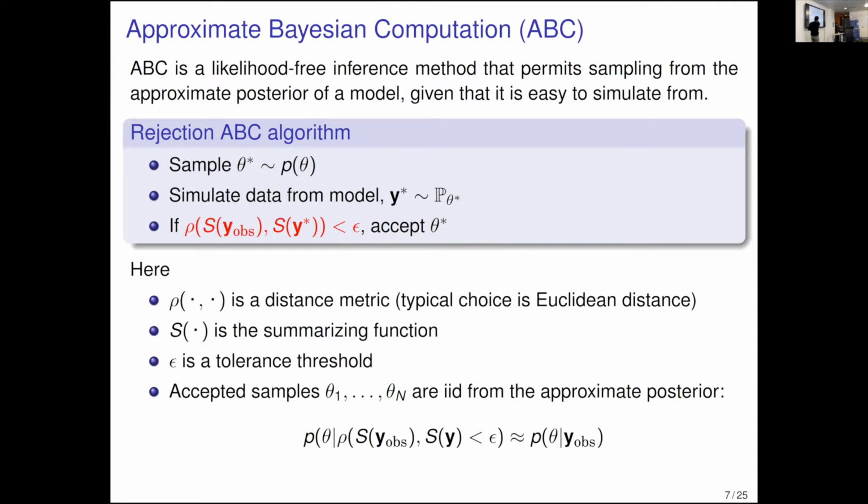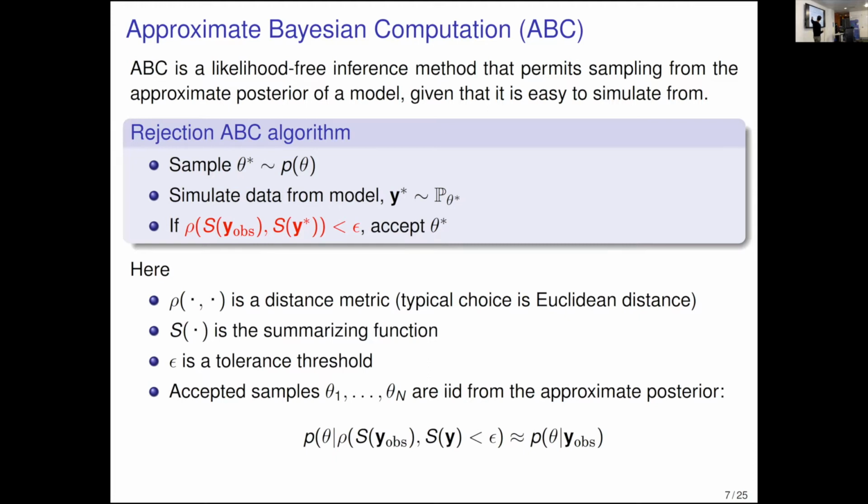And if they are close enough, and this closeness is defined by this epsilon, then you accept that parameter sample as being a sample from the approximate posterior. And then if you repeat this process, you get, let's say, n accepted samples. They form IID samples from the approximate posterior.